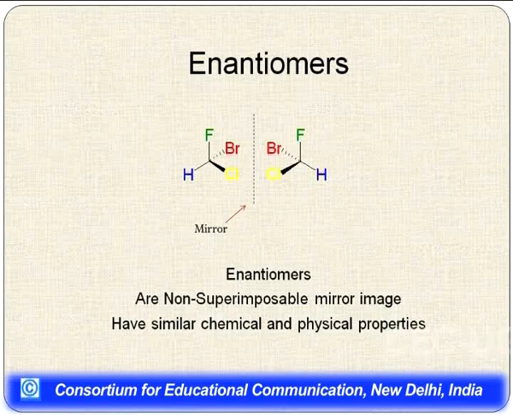Thus, we have the 2 enantiomers. Here the description we can give, and you must be doing it: these 2 mirror images are called enantiomers and they are non-superimposable. These 2 molecules are completely independent molecules.